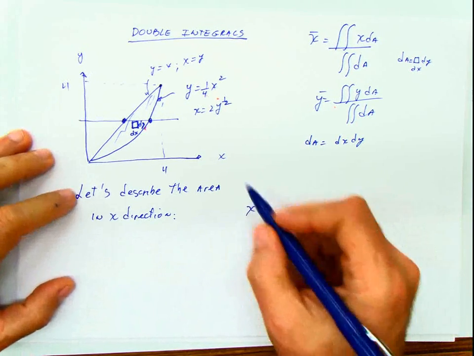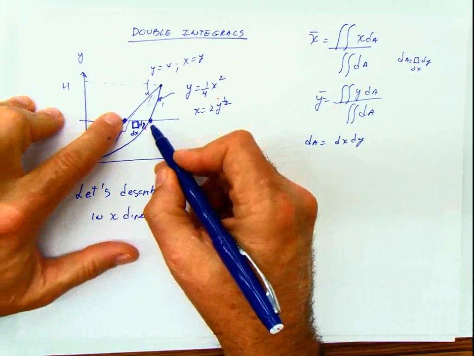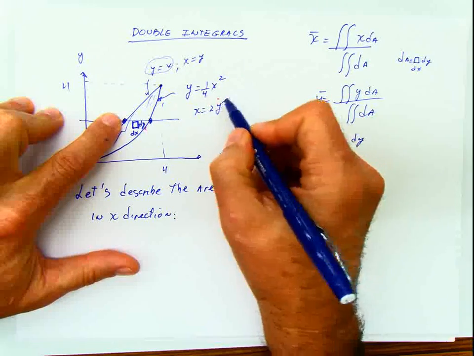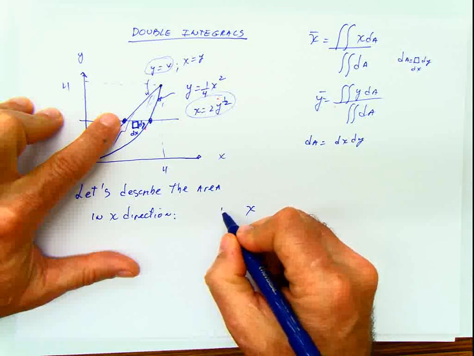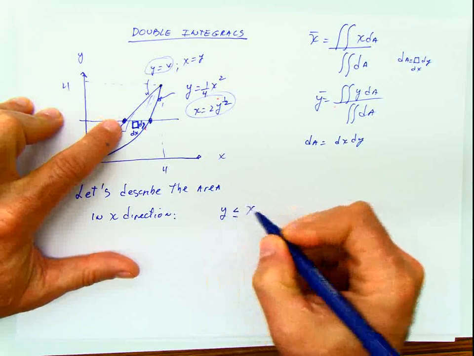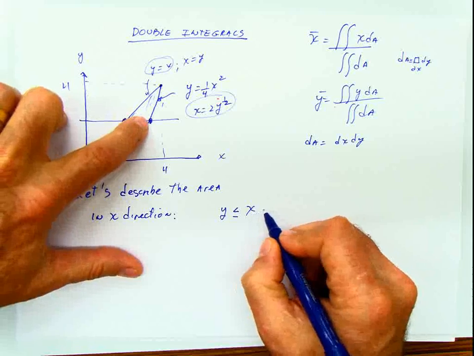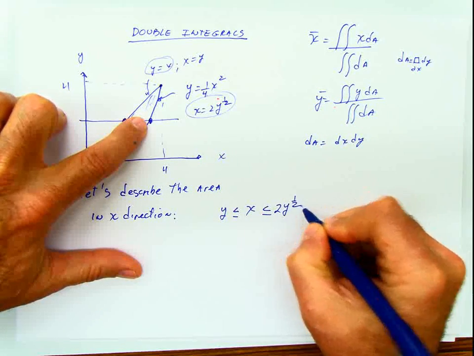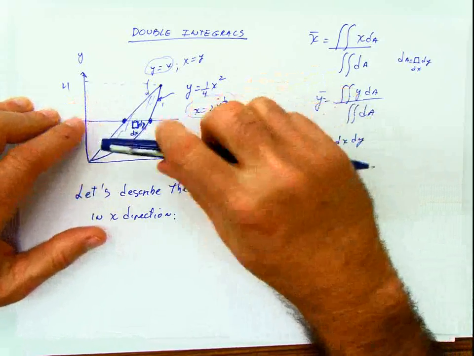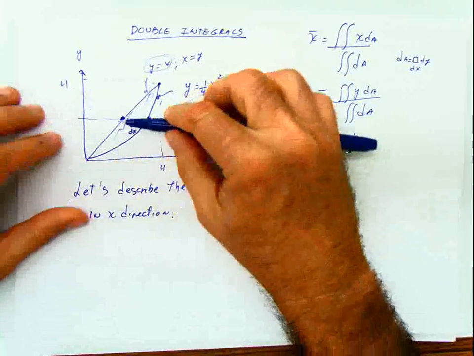Okay, so in the x direction, my area is going to be defined by this and by this. So I know this value of y has to be smaller or equal than x, but the x at the same time has to be smaller or equal than 2y to the 1/2. And once I have that, I basically define this line.